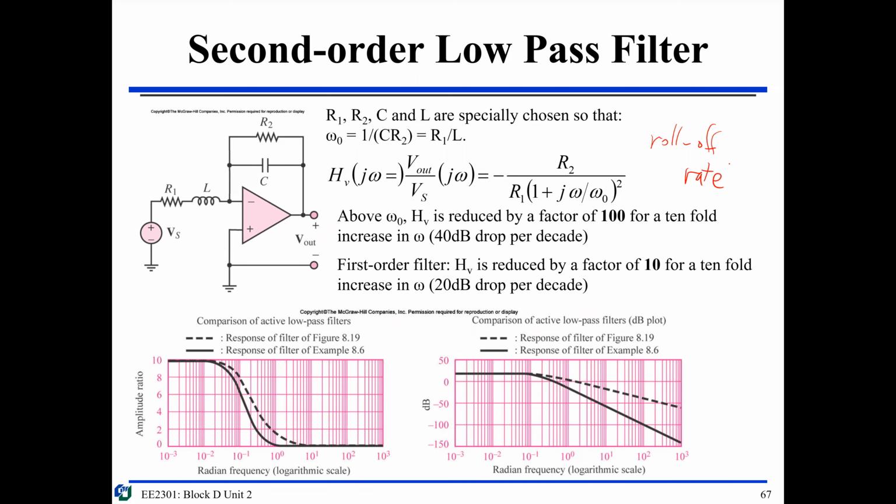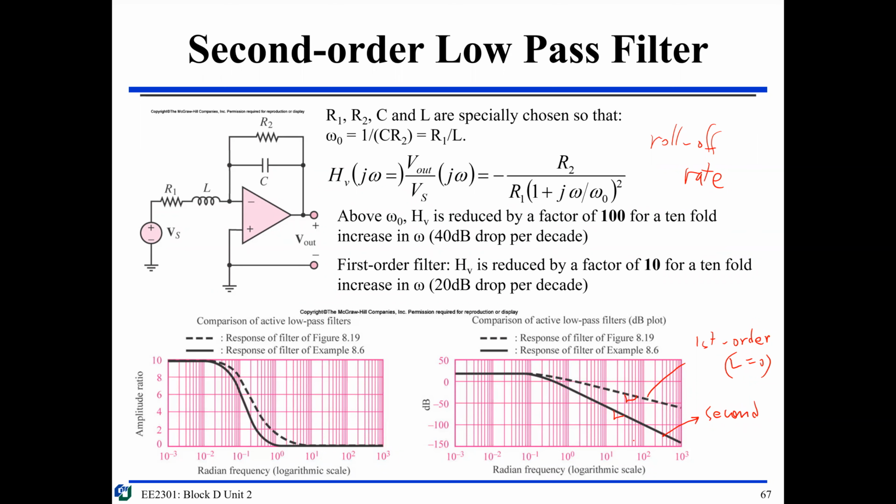Oh, no. Dashed line, this is the first order. We have learned the single RC, when L is 0, okay? L is 0, when no L. So this is a second order. What's the difference? The difference is the slope in here.